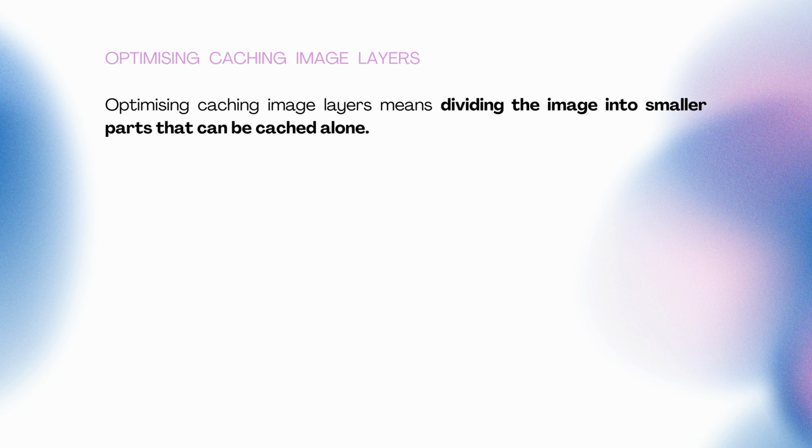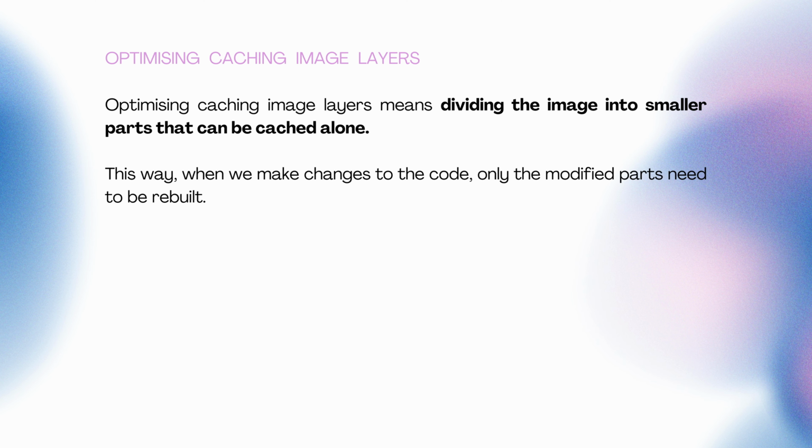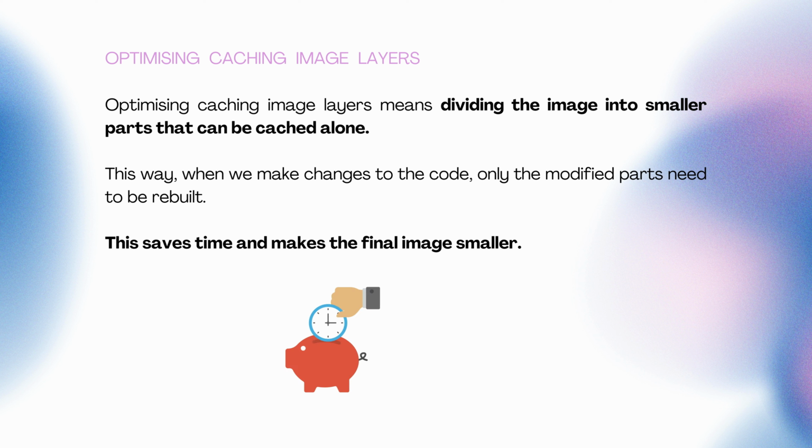When talking about optimizing caching image layers, what it actually means is that we'll be dividing the image into smaller parts that can be cached alone. This way, when we make changes to the code, only the modified parts need to be rebuilt. This saves a lot of time and makes the final image smaller compared to the other one.